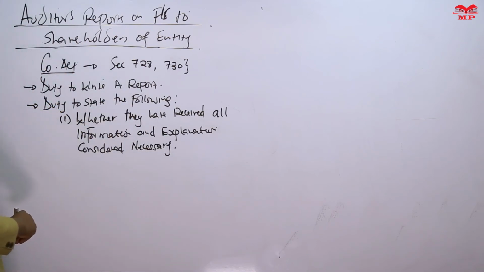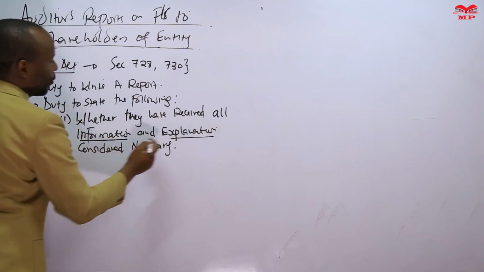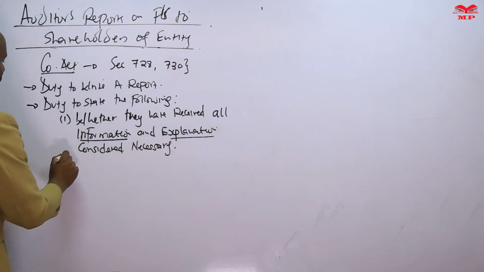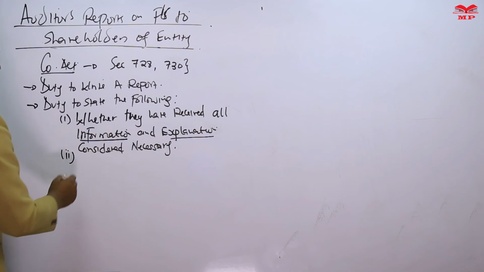There. That is one of the matters that you're supposed to report. Can you tell us whether you received all the evidence and whether you received all the explanation? Roman 2, explain to the shareholders whether proper books of accounts have been kept.